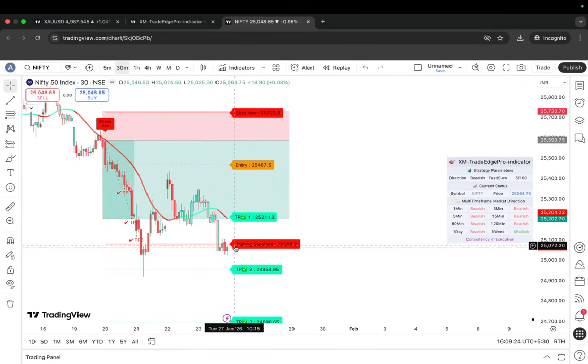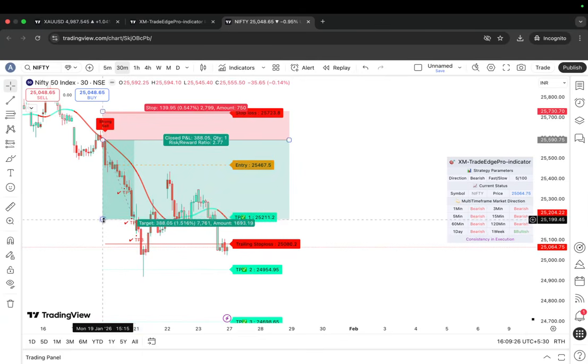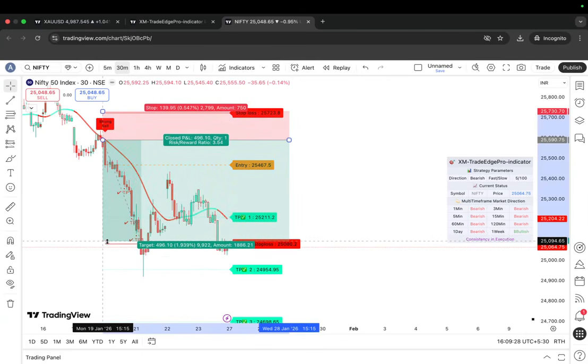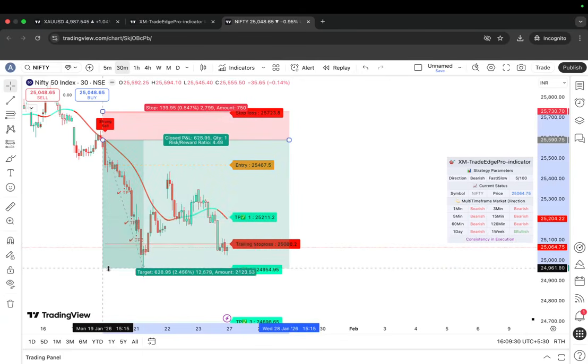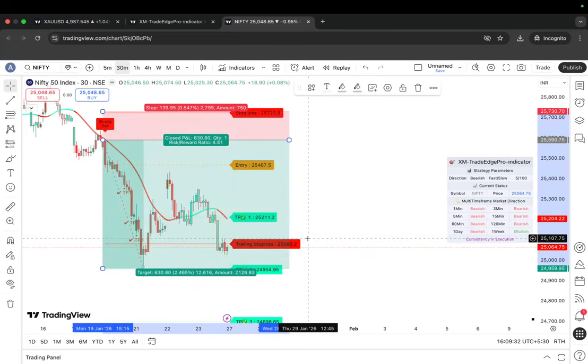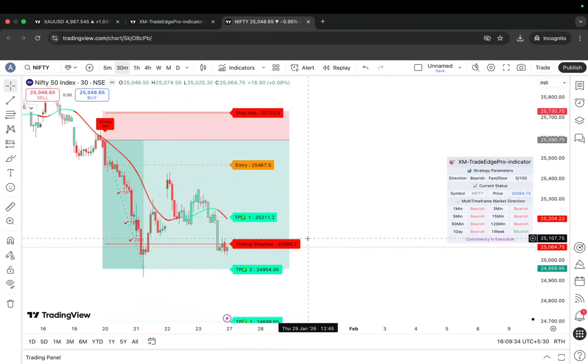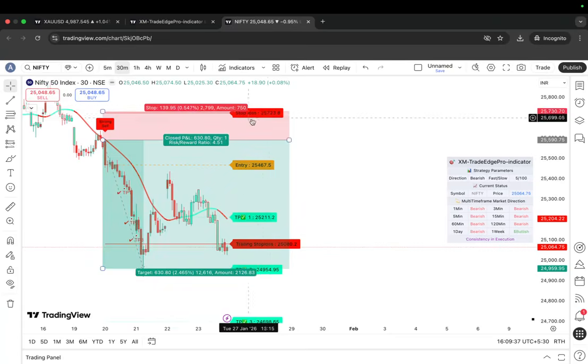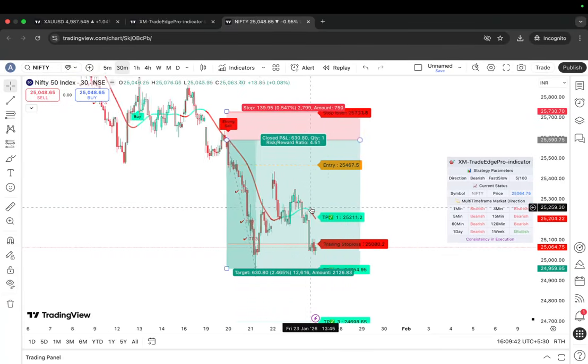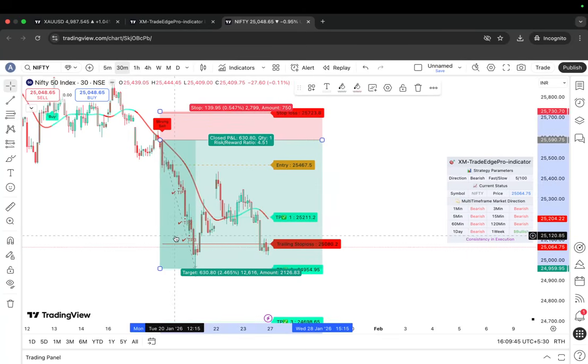Let's suppose the trailing stop loss is still showing, yes, there is space. So you have to move to the trailing stop loss, and once the price comes back to the trailing stop loss, you have to exit the position. You exit the position in two ways: one when the stop loss gets hit, and second when the trailing stop loss gets hit. Trailing stop loss and everything you can customize in the settings.